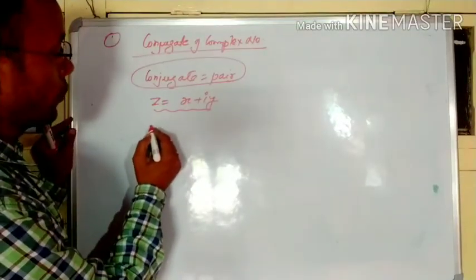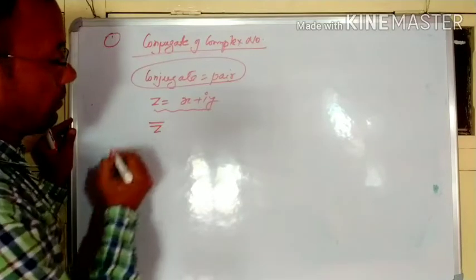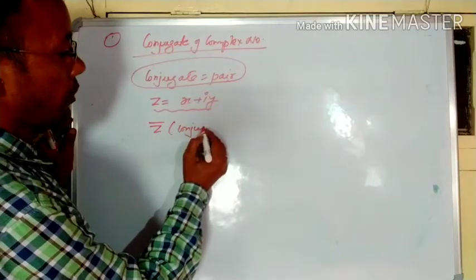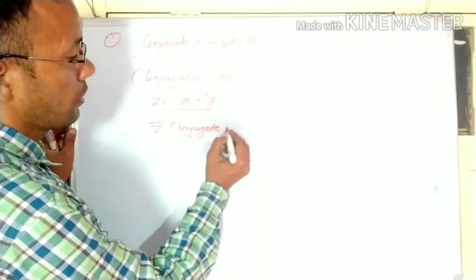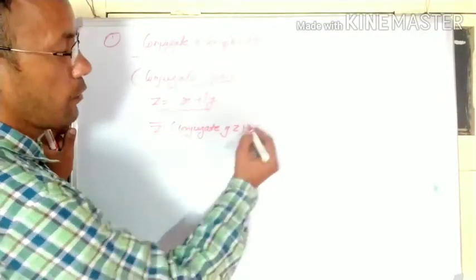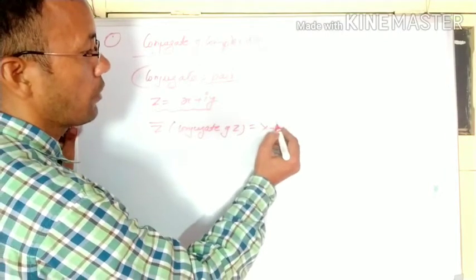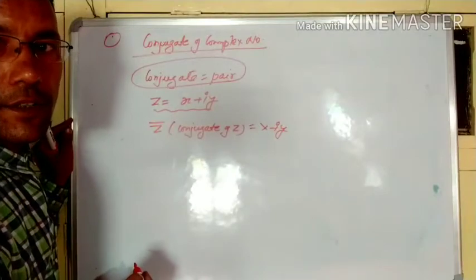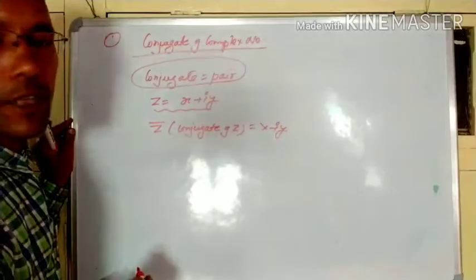We write the conjugate as z bar. Z bar means the conjugate of z. We write it as x minus iota y. This x minus iota y is the conjugate of x plus iota y.